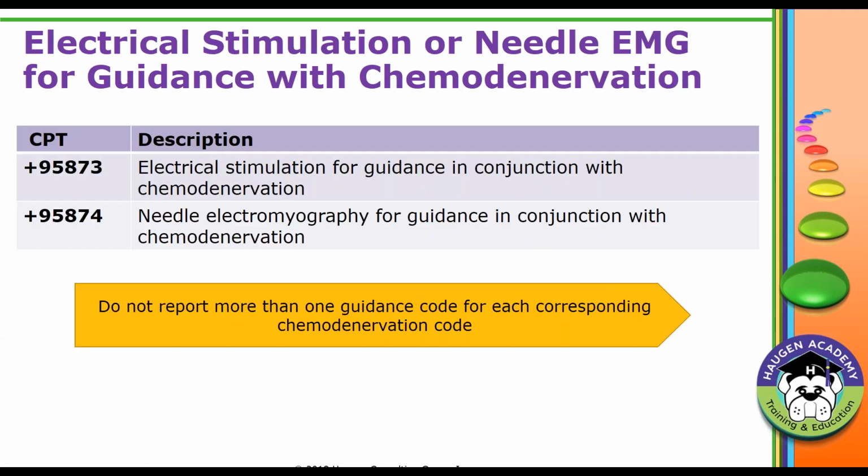Here are the codes for electrical stimulation for guidance in conjunction with chemodenervation, 95873, and then there's the needle EMG, 95874. And again, do not report more than 1 guidance code for each corresponding chemodenervation code.